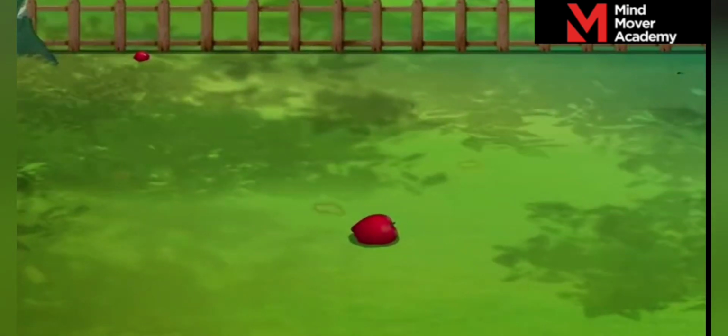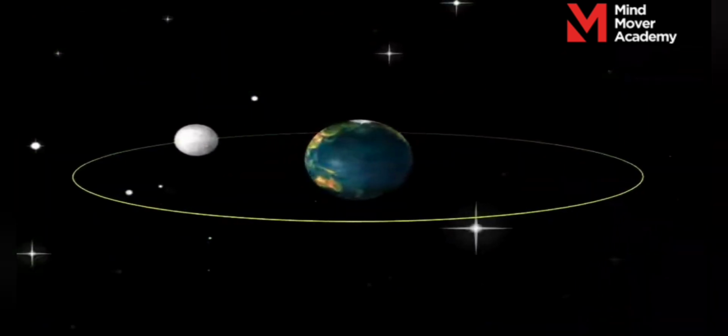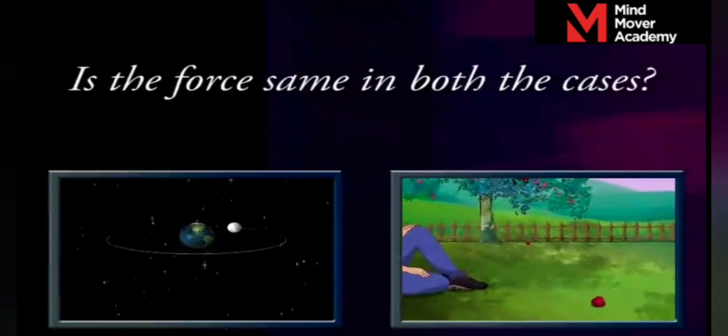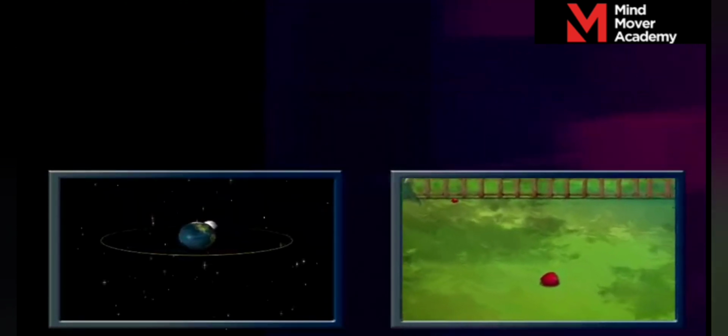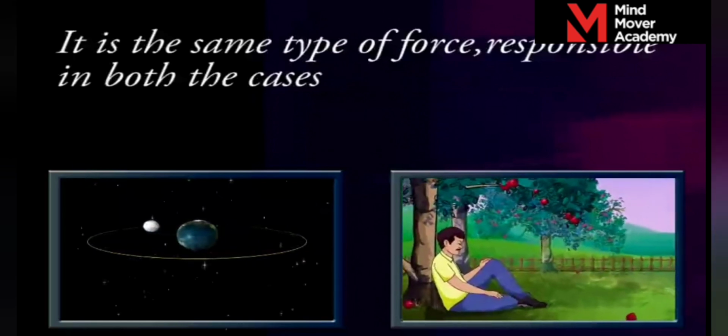Newton thought that if Earth can attract an apple, it can also attract the moon. Is the force the same in both the cases? Yes, it is the same type of force responsible in both the cases.